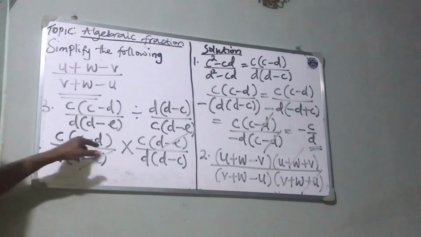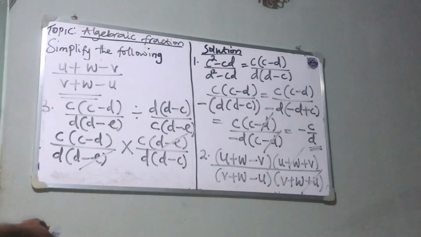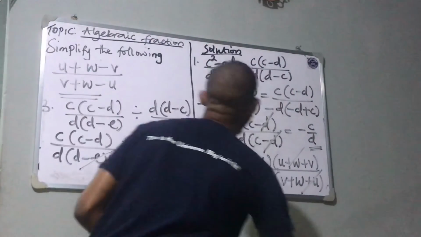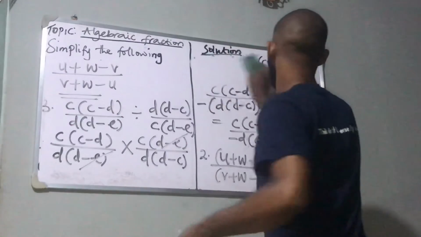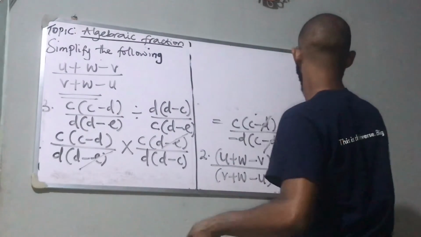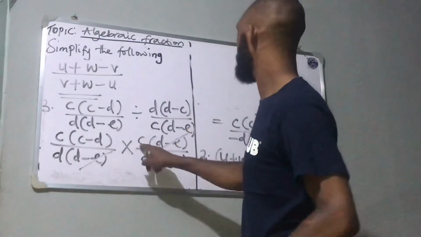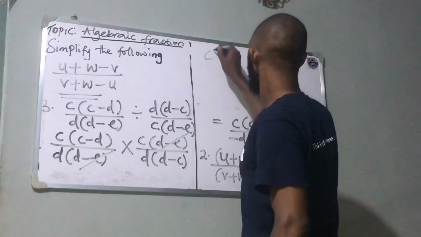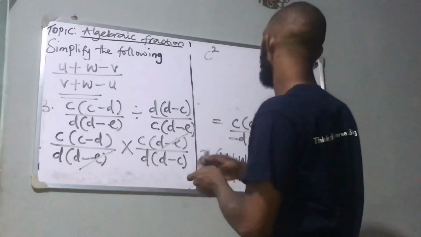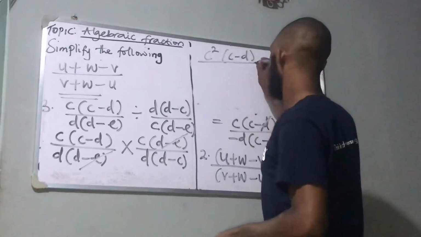Now this is c minus d, this is d minus e, they are not the same. Okay, so here we can multiply the ones that are left. And what do we have? We have c times c, so that will give us c squared. And we have c minus d left, c minus d all over.